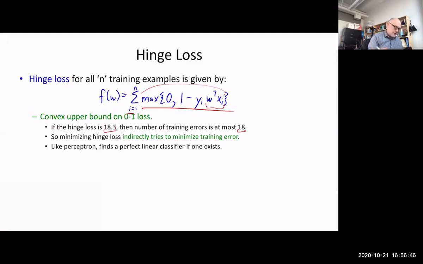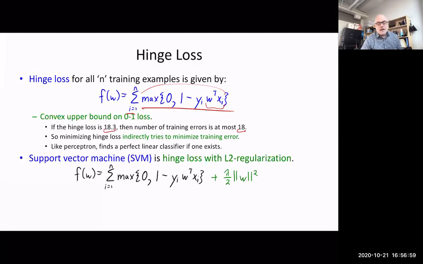It's a good bound, and if you attempt to minimize this under the same conditions in which the perceptron finds a perfect linear classifier, this too will learn a perfect linear classifier. And probably the most beautiful conclusion to one of these explanation trajectories in this class is the way we describe what a support vector machine is, which can be described much more brutally mathematically.